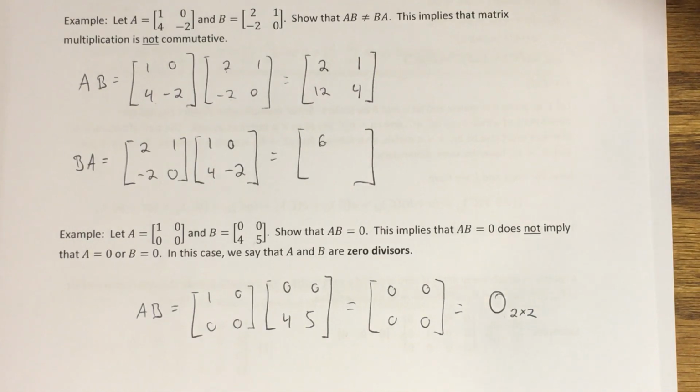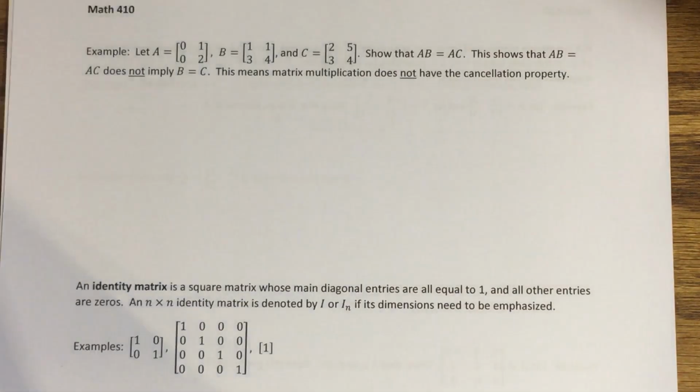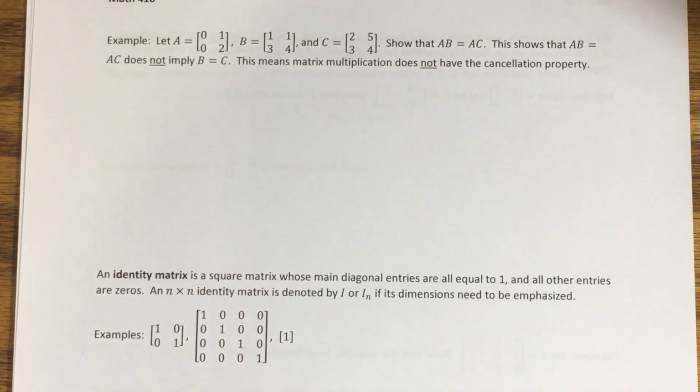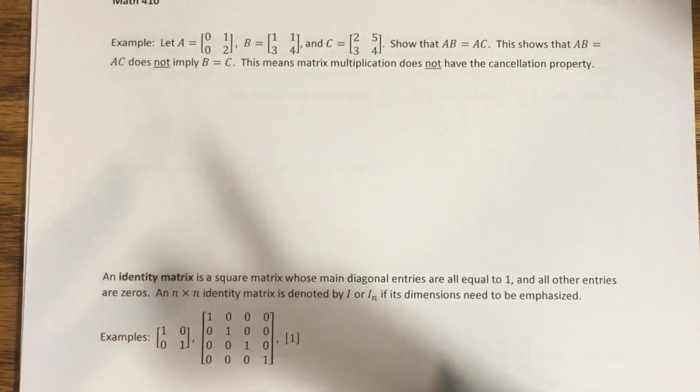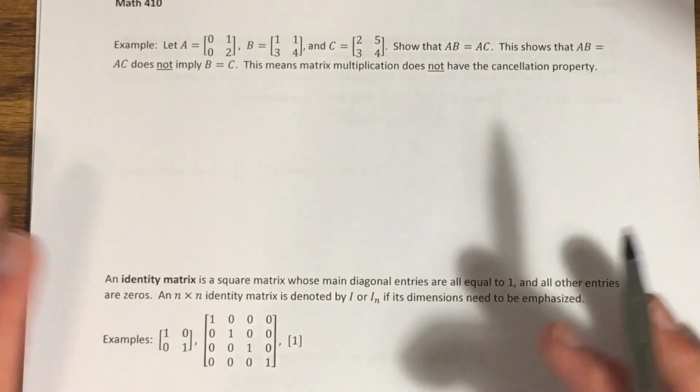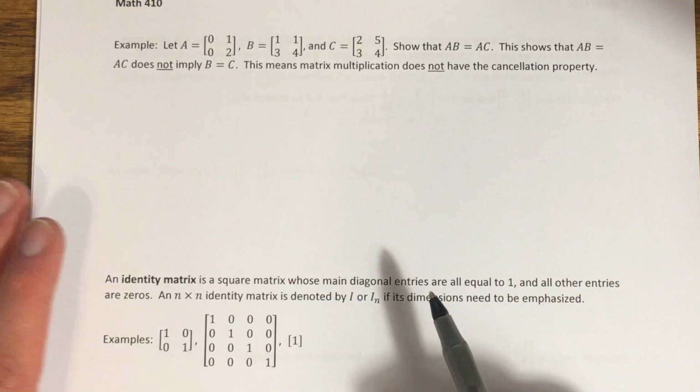The course will include a topic called ring theory, and in ring theory, zero divisors are a major topic. So this is kind of an example of that. Now the fact that zero divisors exist in sets of matrices implies this next property, and we're not going to show the connection between the two, but we are going to go through an example.